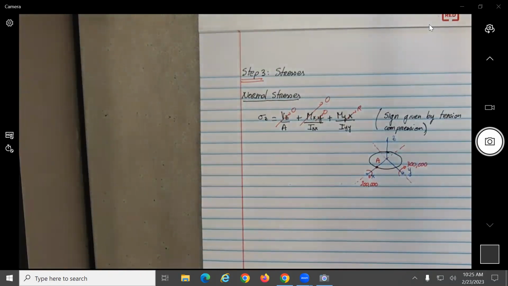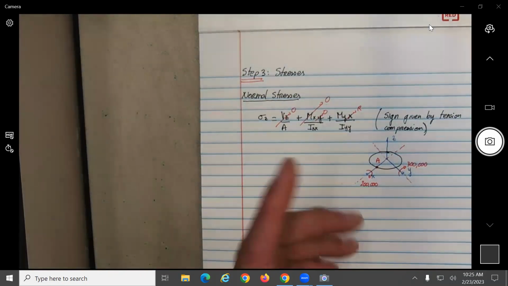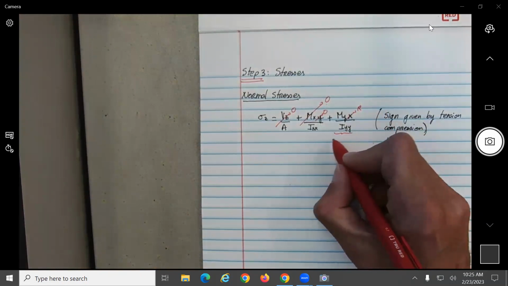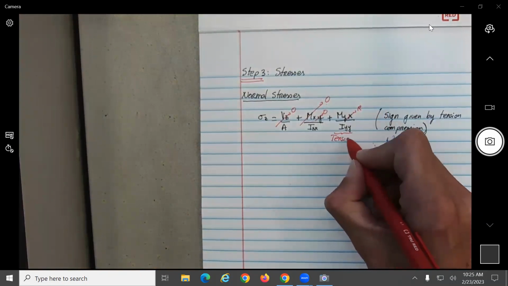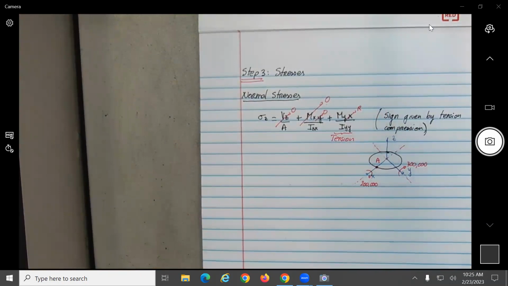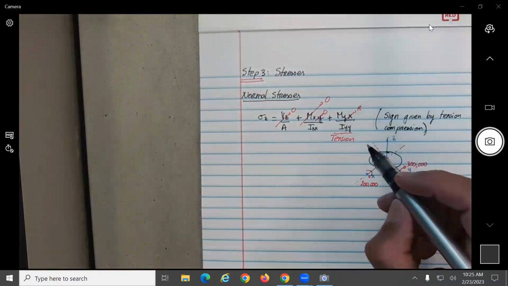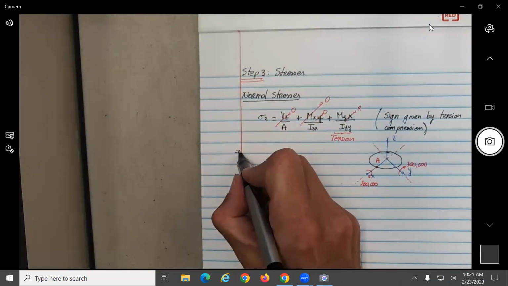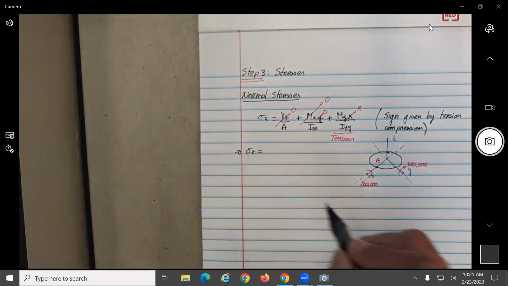Everybody agrees? You see, I'm not looking at the sign, no? You could make this work with the signs, but it's so easy to get the wrong signs that I would rather do it with understanding. So this term should be in tension. Okay? So if we substitute, we're going to get sigma z.